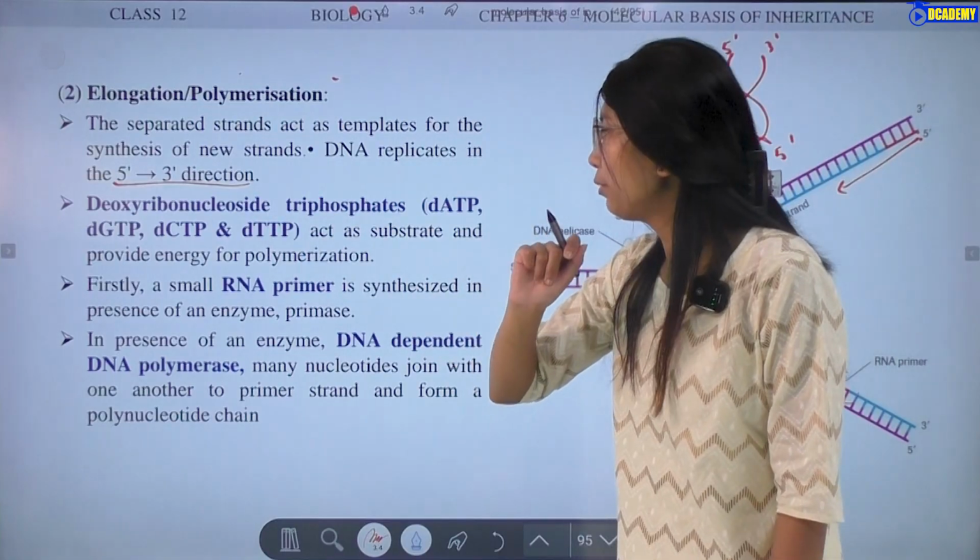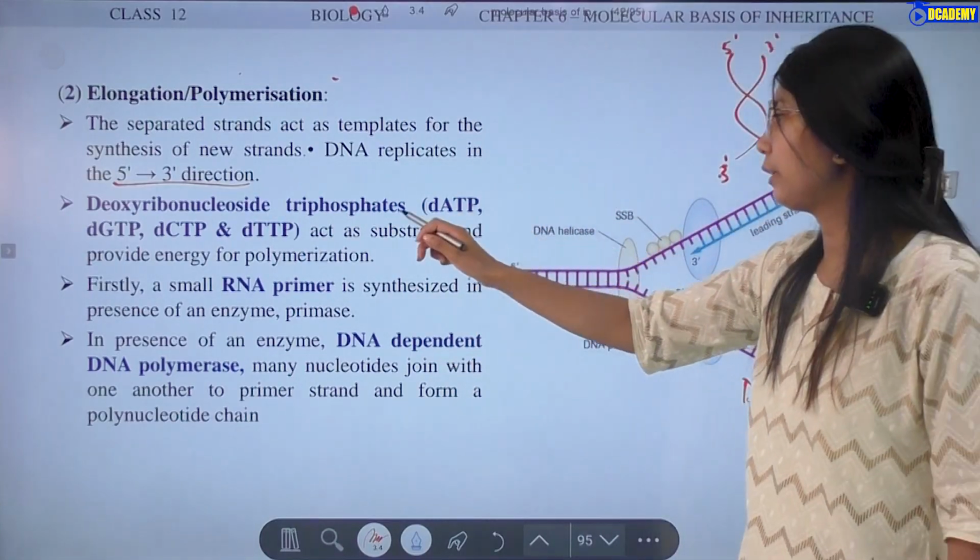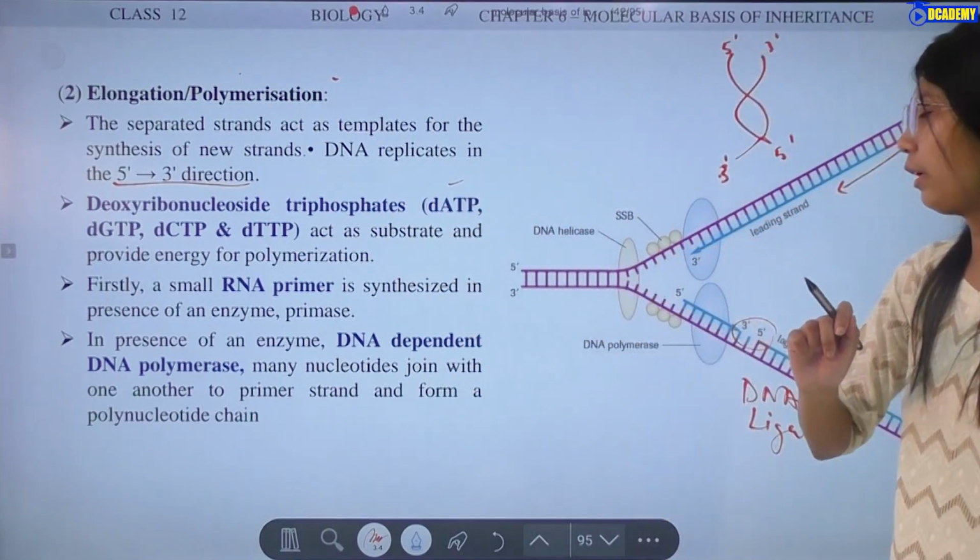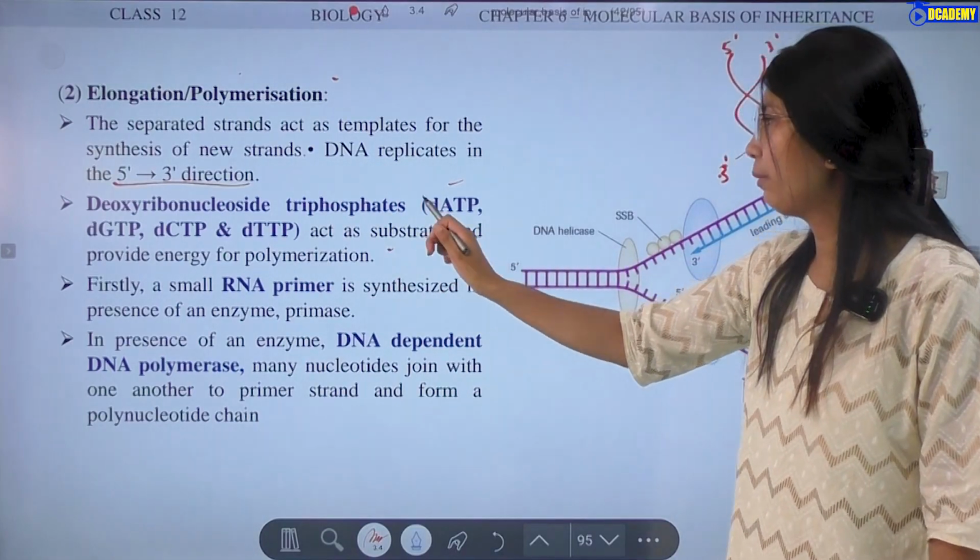Then deoxyribonucleoside triphosphate is a substrate and provides energy for polymerization.